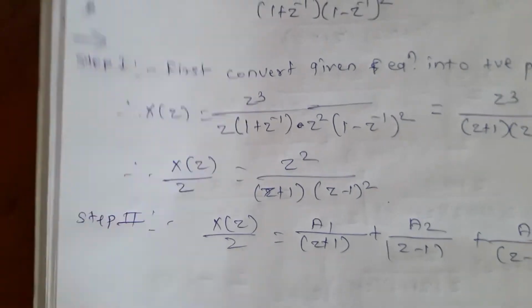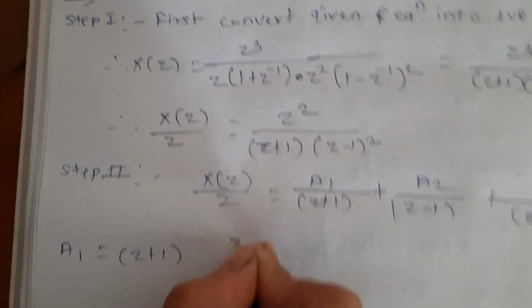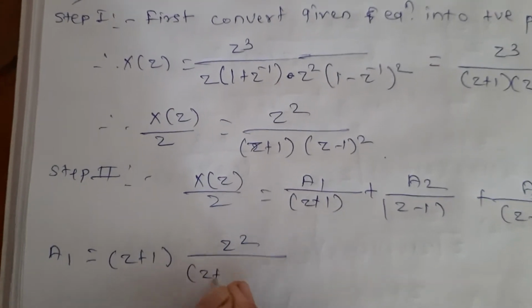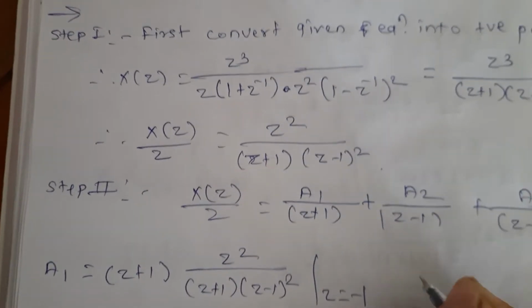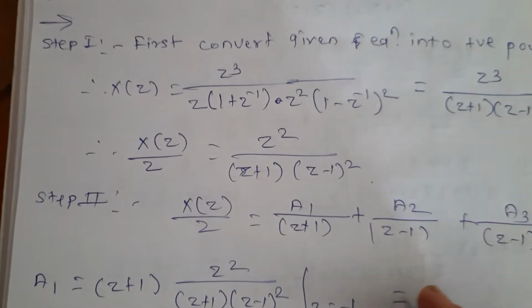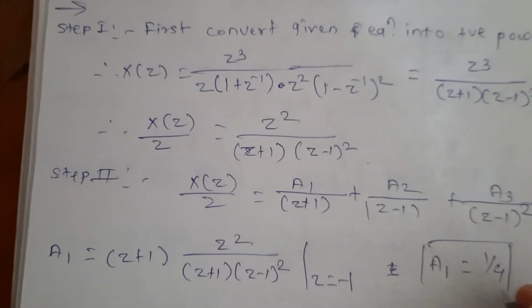Here we have to find the values of A1, A2 and A3. So A1 is evaluated at z equal to minus 1. So substitute these values and we get A1 equal to 1/4.